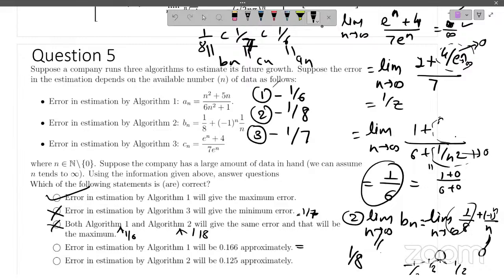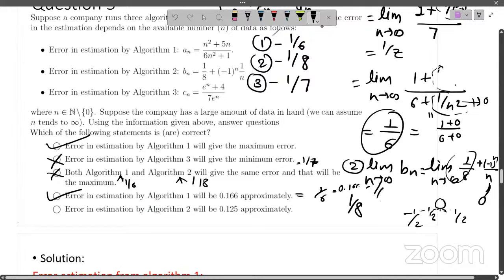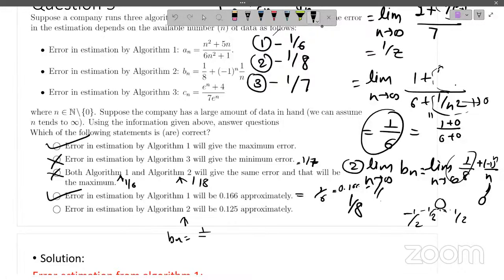So you can calculate, 1 by 6 will be 0.16. Yeah, right. And for the second algorithm Bn, we have 1 by 8, which is again 0.12.